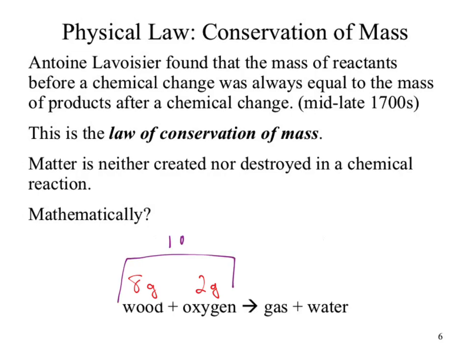We know specifically that this is 10 grams, and we know this as a total is 10 grams. Okay? Do I know how much of that 10 grams is gas versus water? No. I cannot use conservation of mass to solve this for specifically the gas. It's impossible for me to solve. All I know is the total of those must be 10 grams.